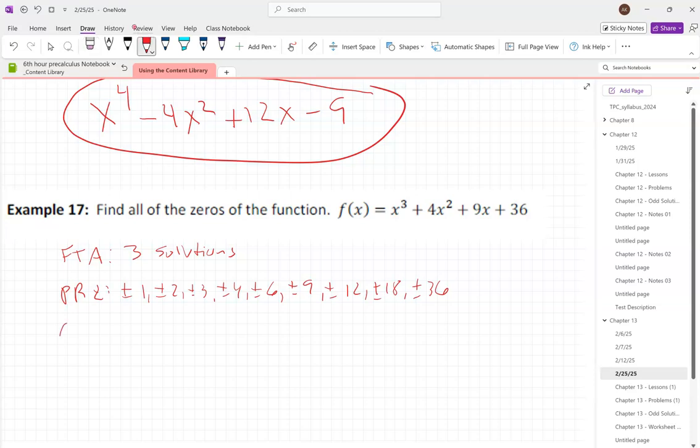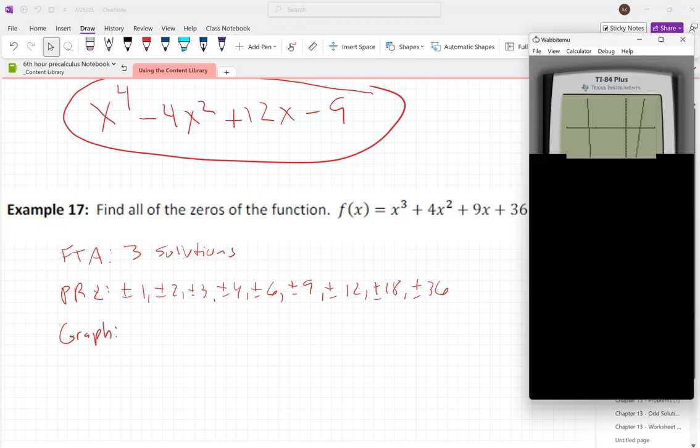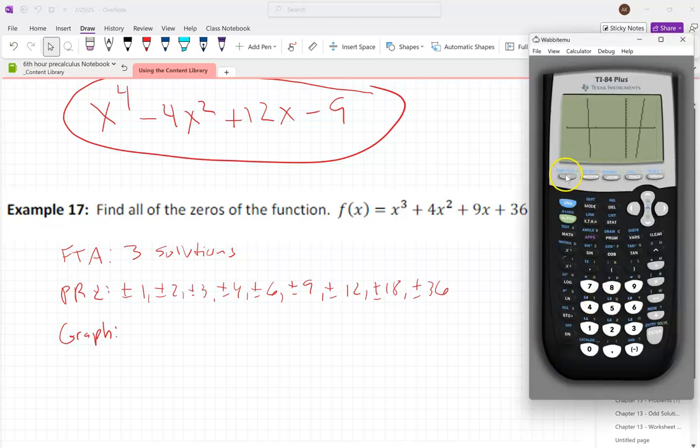Boy, that's a lot of things to guess through. I'm not guessing. I'm going to look at my graph here and see if I can get a better idea on a starting point. So I'm going to pull up my graphing calculator and type in the equation here. So I have x to the third plus 4x squared plus 9x plus 36.